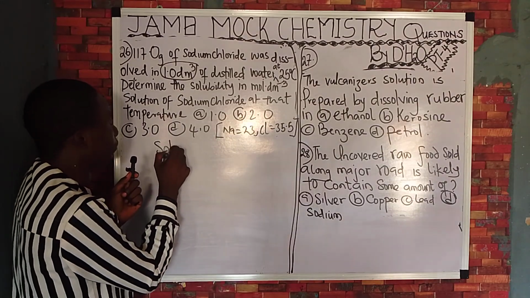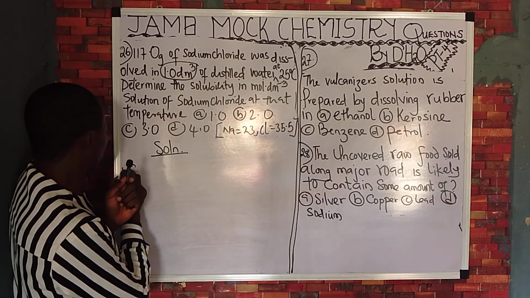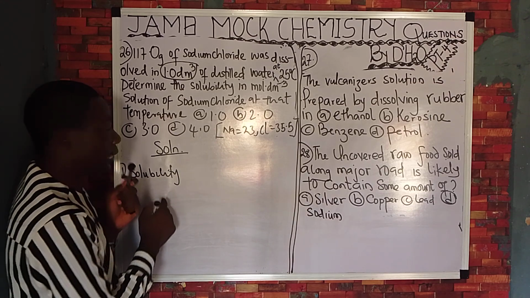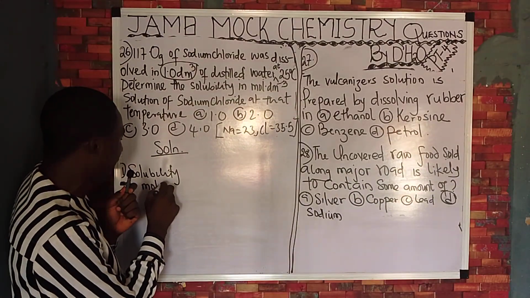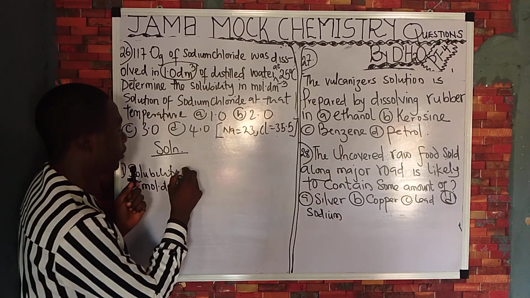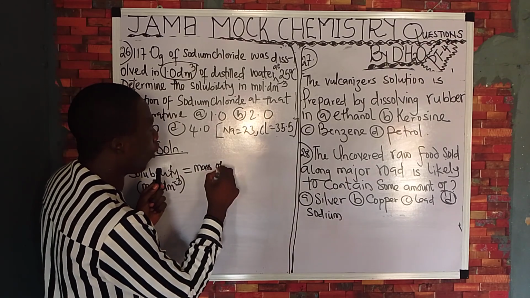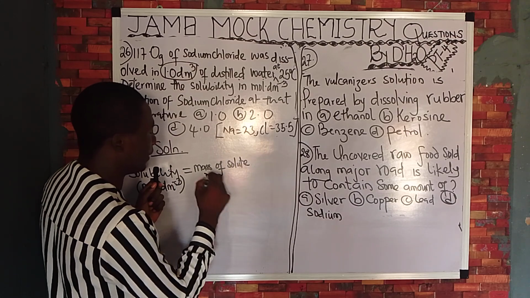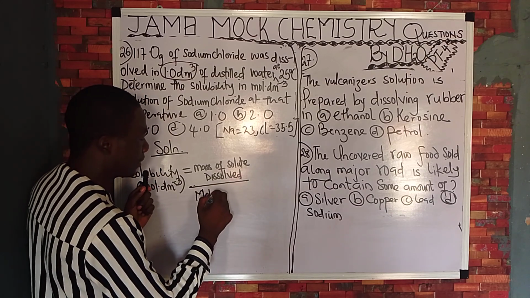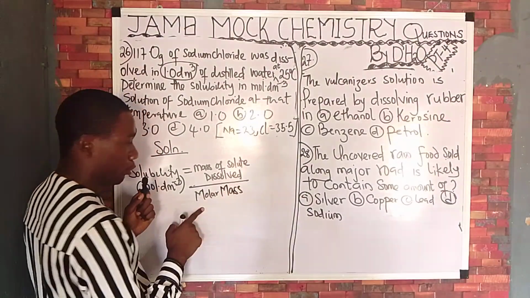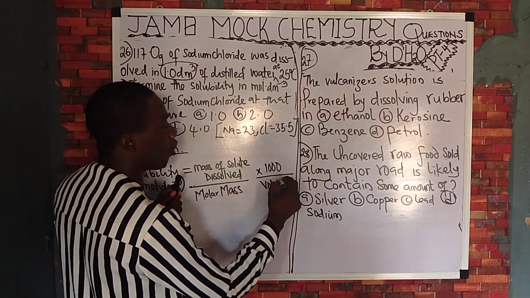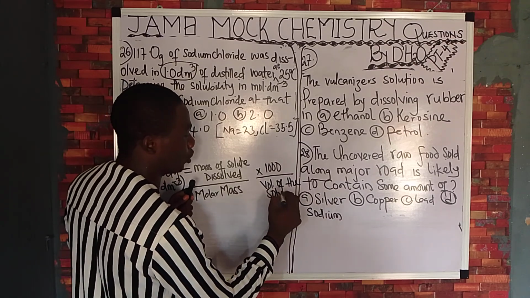If you want to solve a solubility problem, solubility can be calculated in mole per dm³ by using the formula: mass of solute dissolved, all over molar mass of the solute, times 1000, all over volume of the solvent or solution.